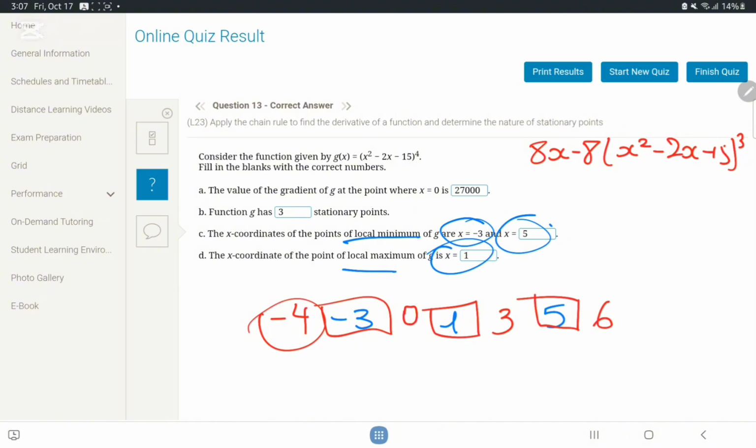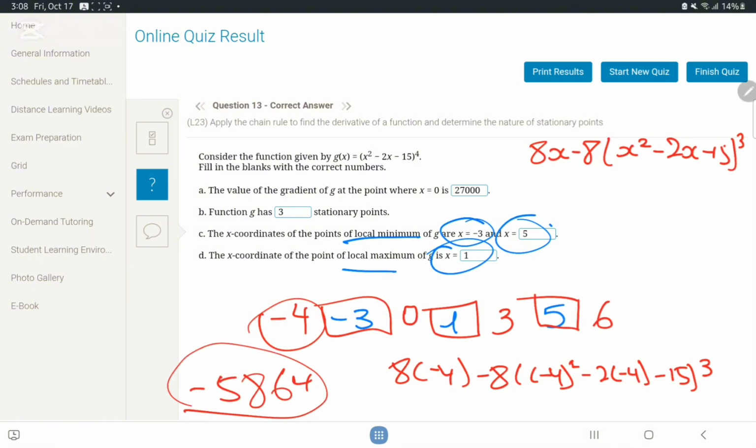So you do 8 negative 4 minus 8, and then negative 4 squared minus 2 times negative 4 minus 15, all of it cubed, and you will get negative 5864.